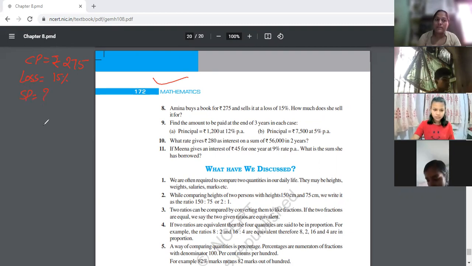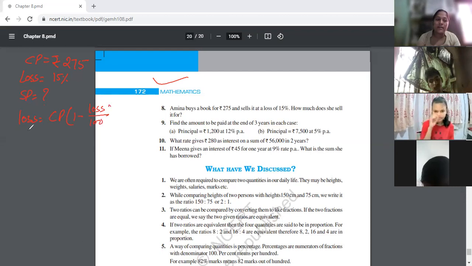Find out the SP, the selling price. The formula is SP equals CP into 1 minus loss upon 100. Apply the formula.